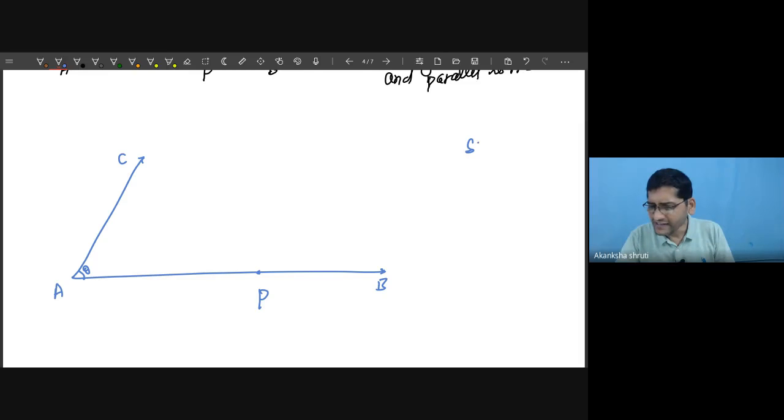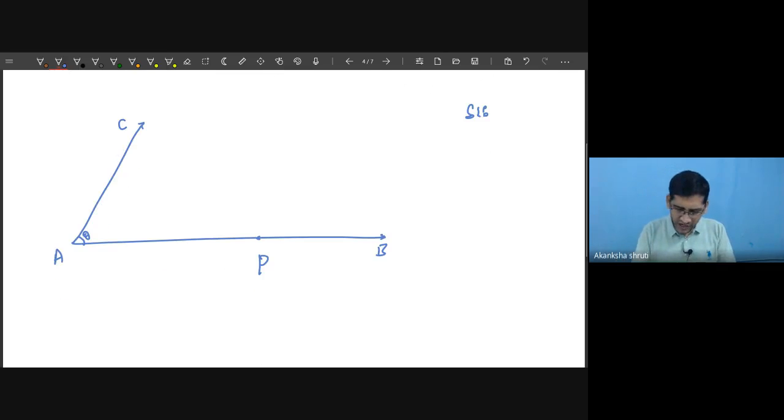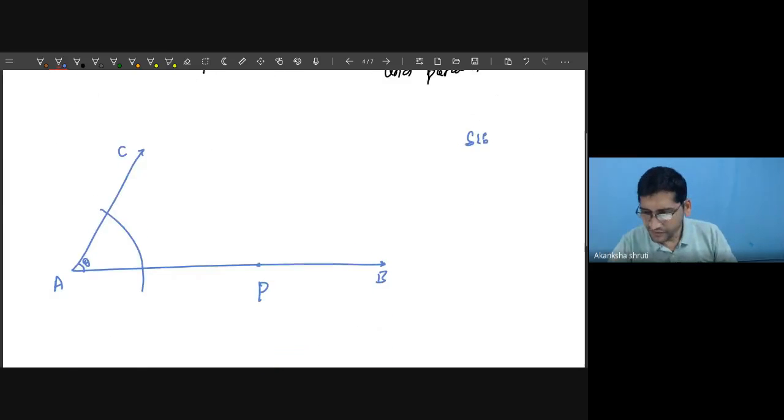Step number 1, you have to draw an arc at A with any radius. In the compass, take any radius, put it at A and draw an arc. I'm considering the arc drawn is like this.